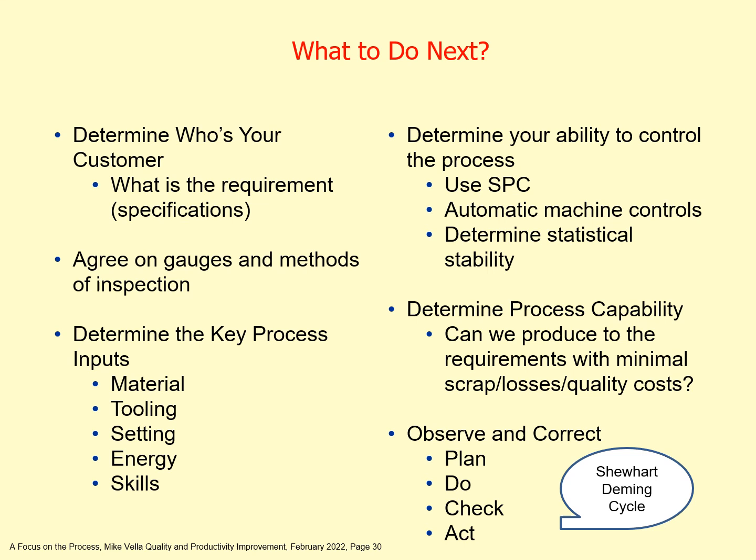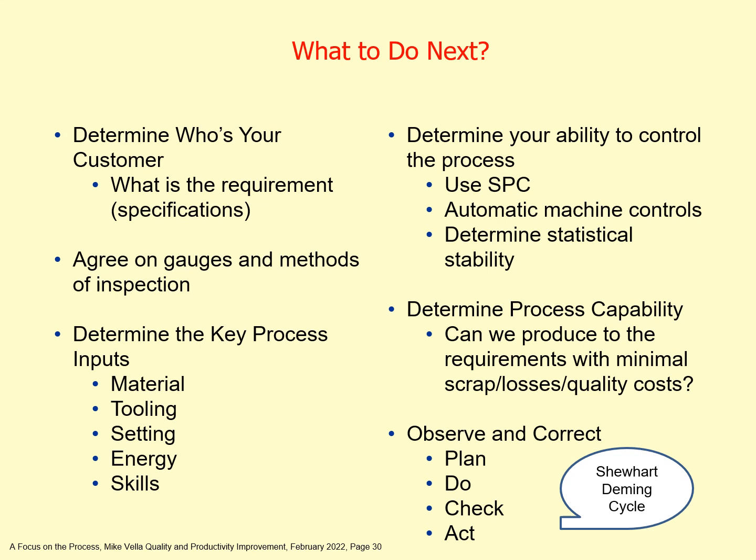How do you determine what is a good quality part? Back to the process. Understand what's very precise about your material, the tooling, the maintenance of the tooling, the setting of those process variables. Which energy sources are you using? How much energy? And the skills of the people.